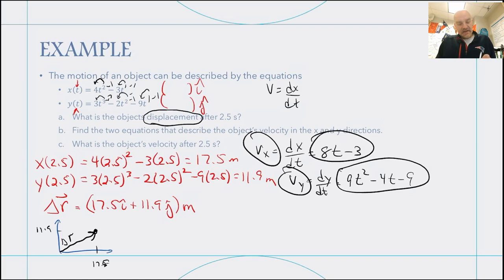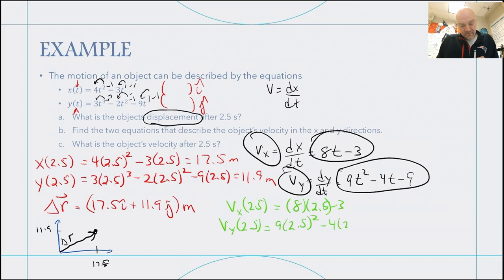And now part C is going to figure out what the velocity vector is at 2.5 seconds. So we're going to go v of x at 2.5, so 8 times 2.5 minus 3. And then v of y at 2.5 is going to equal 9 times 2.5 squared minus 4 times 2.5 minus 9.